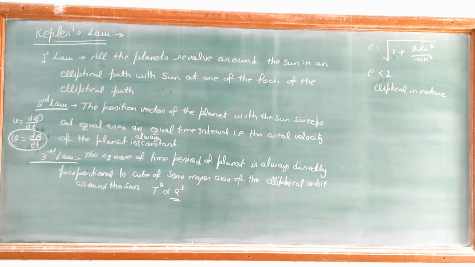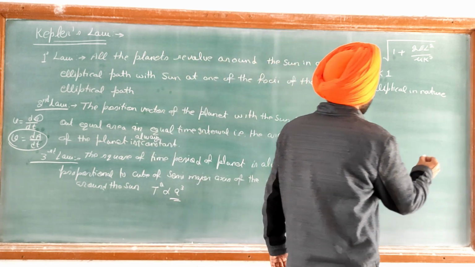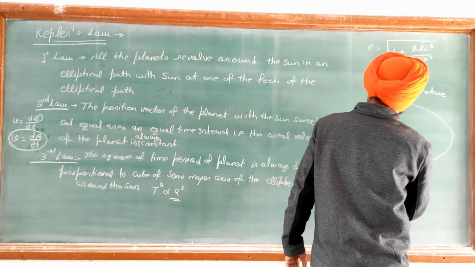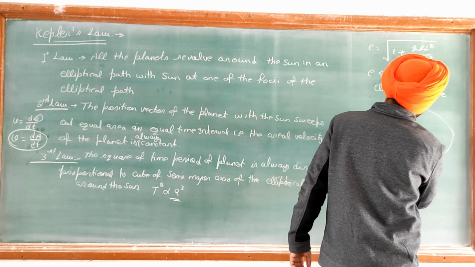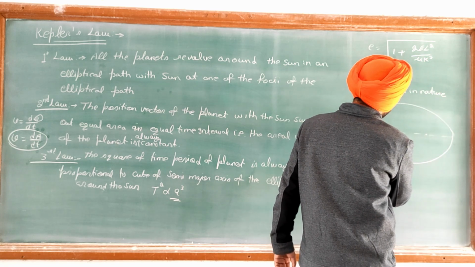So for the second law, as we know the path is elliptical, let it be an ellipse. This is the semi-major axis. There are two foci and the sun is at one focus.